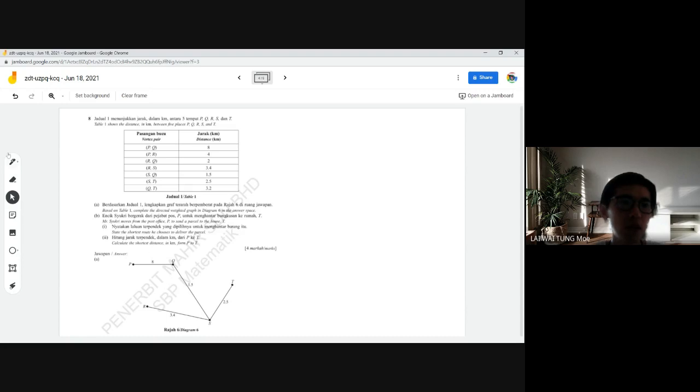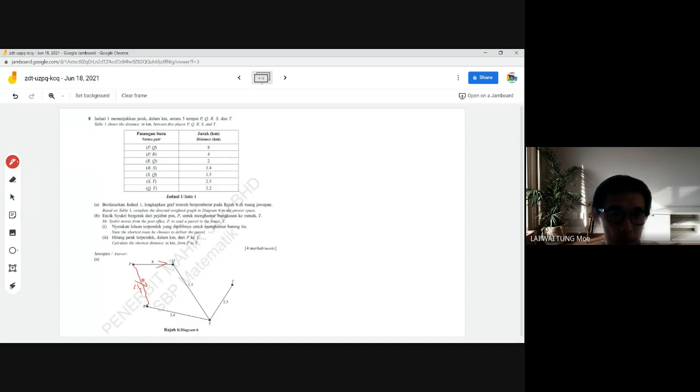Very good. You need to put the arrow here together with the 8 km. Next is PR, which is 4. PR is not drawn yet, so you have to draw it. Use the ruler, draw a straight line for PR, and then put the arrow and write 4 here.